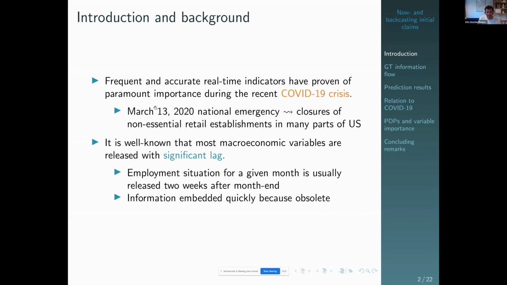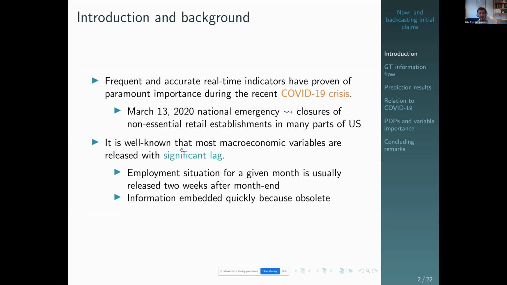So basically, I guess it's evident here that frequent and real time indicators have proven to be very important during the COVID-19 crisis. And one of those things that made it really evident was the lockdown that happened around March 13, where a lot of macroeconomic series just exploded, either negatively or positively, depending on what you're measuring.